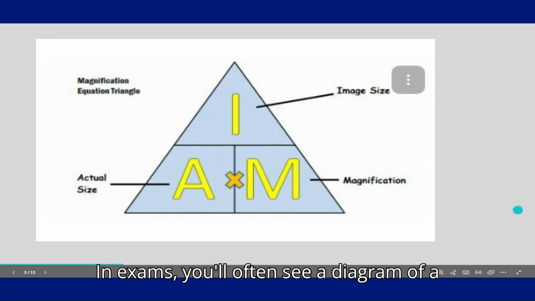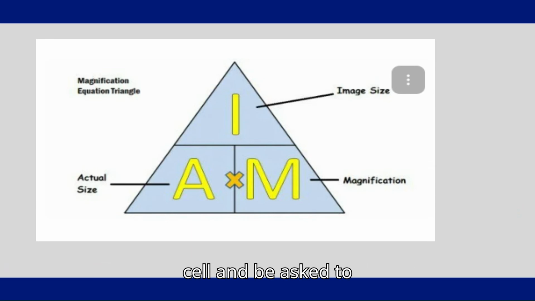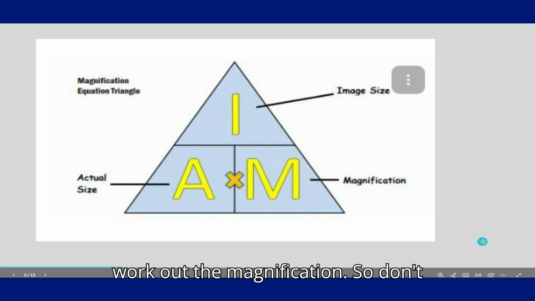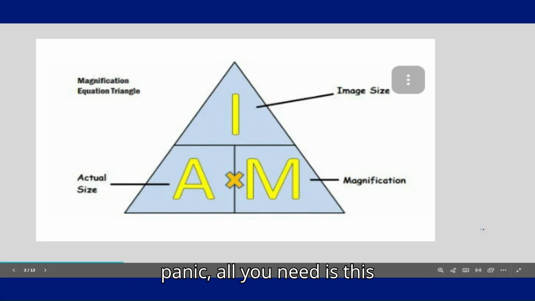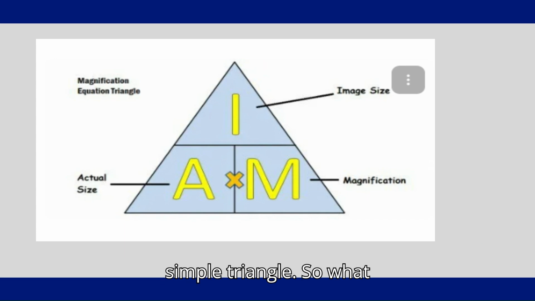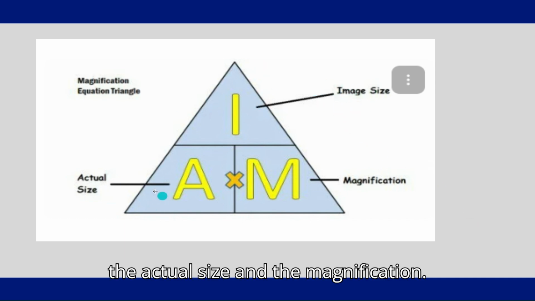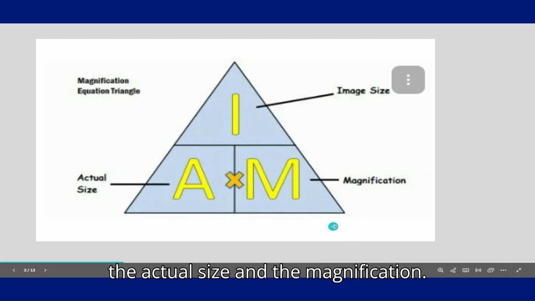In exams, you'll often see a diagram of a cell and be asked to work out the magnification. So don't panic. All you need is this simple triangle. What we see here in the triangle is the image size, the actual size, and the magnification.